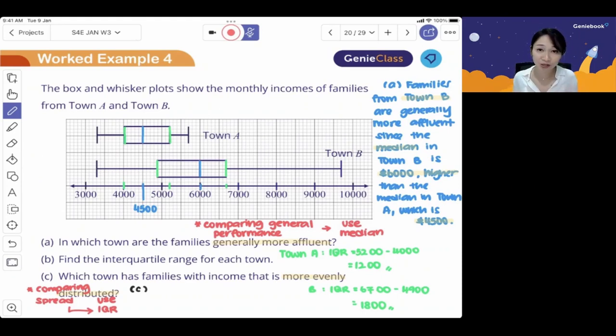Obviously we can see that town A is smaller. So which one would you say is more evenly spread? Is it more evenly spread if things are far apart, or if everyone is close together? If all the numbers are close together.